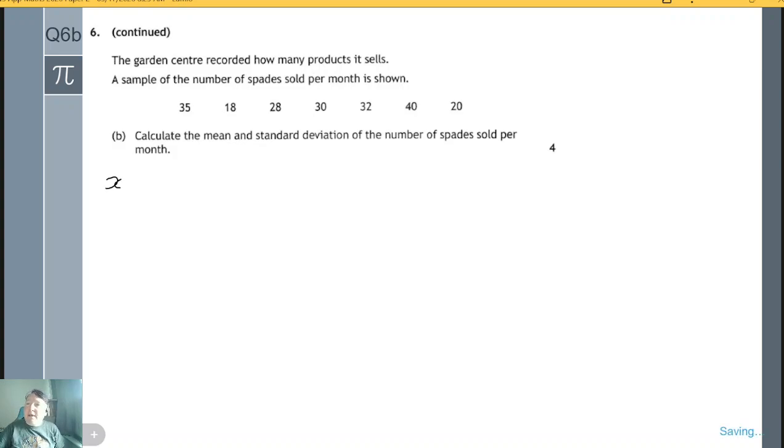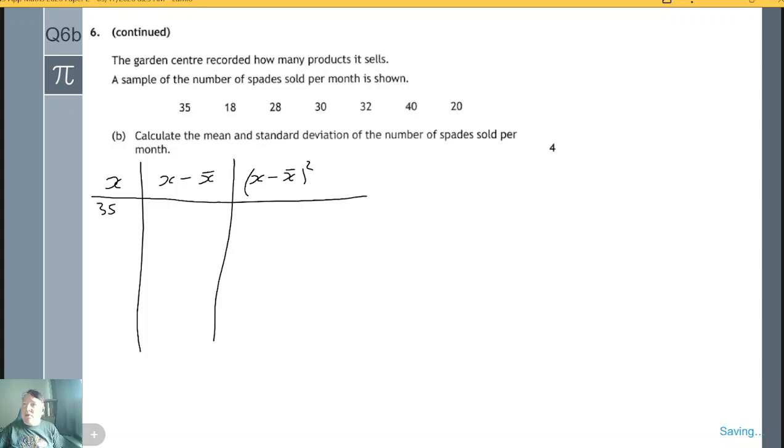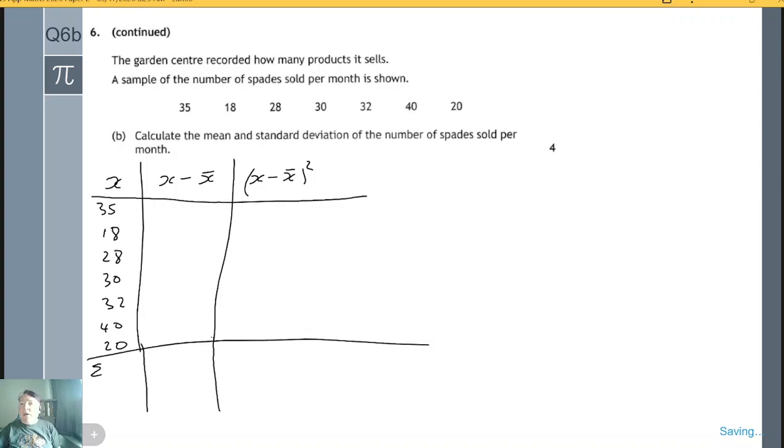I am going to do an x column, an x minus x bar column, an x minus x bar all squared column. I've got 35, I've got 18, 28, 30, 32, 40, and 20. And I'm going to have my sum column down here. Let's see what we have.